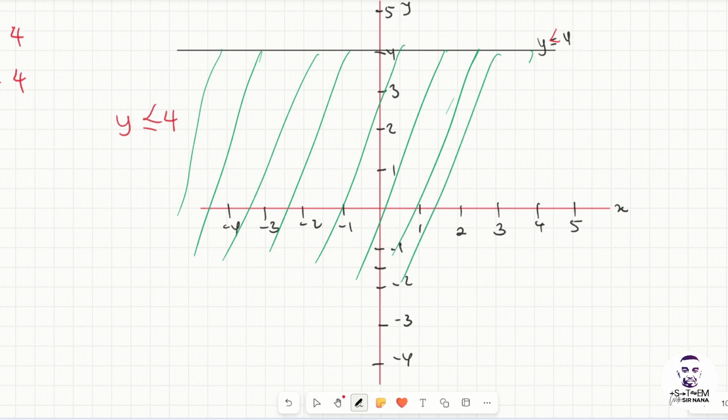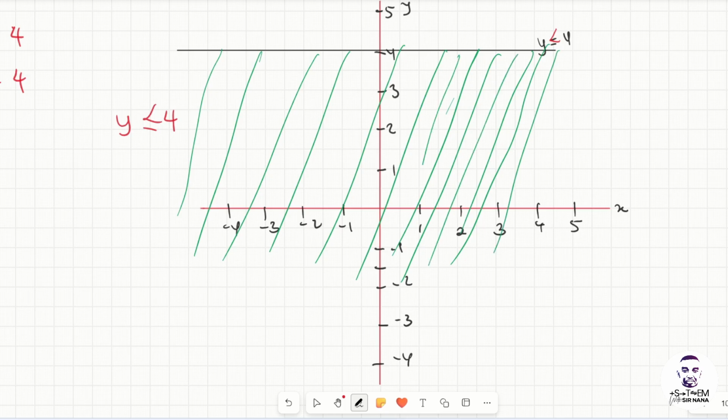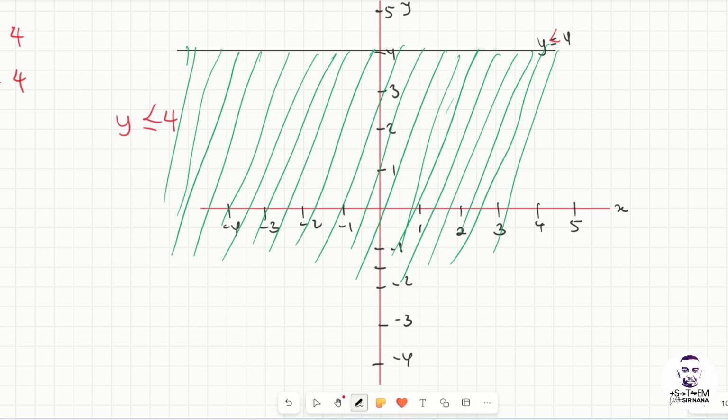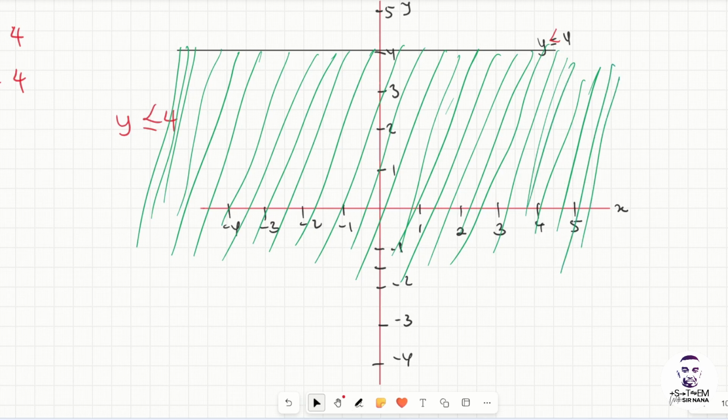We are shading all this side. When we say less than or equal to, it means 4 is included. So that is the solution to the inequality involving one variable, y is less than or equal to 4.